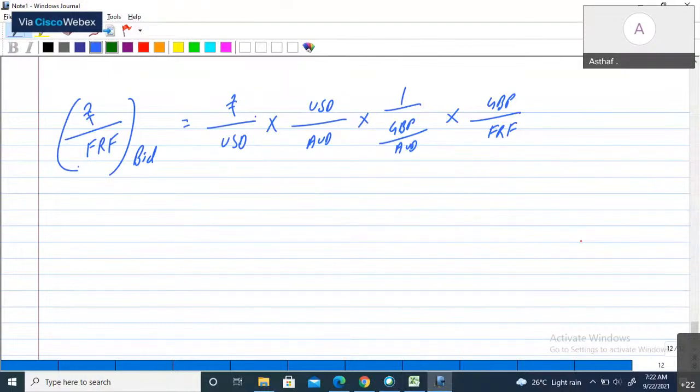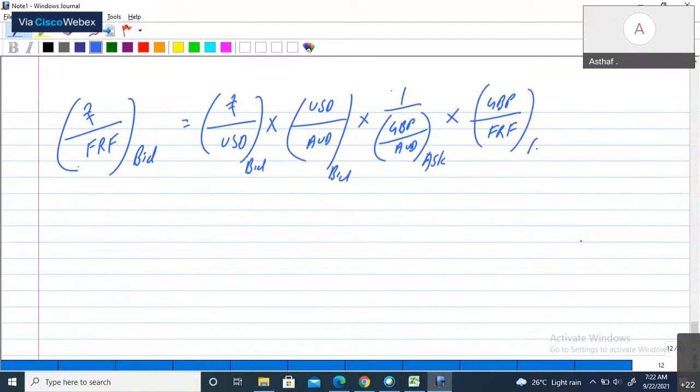So we have to go with bid. Since it is an indirect quote, we have to take the opposite. Here we have to go with bid.